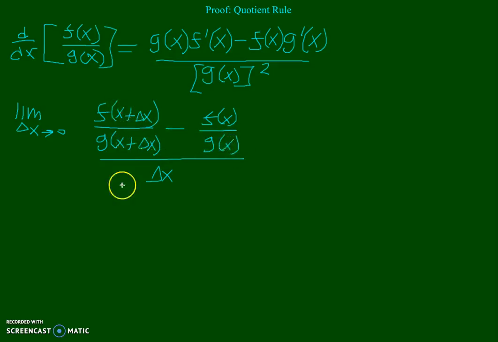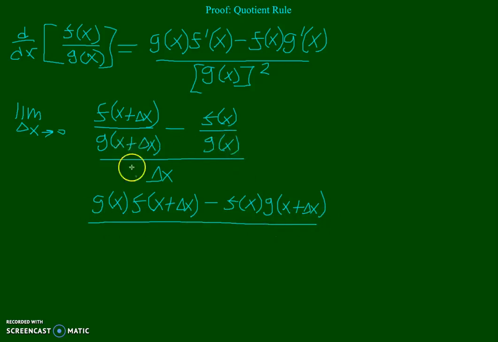So g of x times f of x plus delta x, minus f of x times g of x plus delta x, all over g of x times g of x plus delta x.